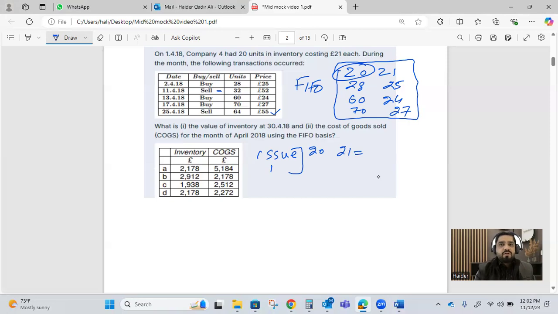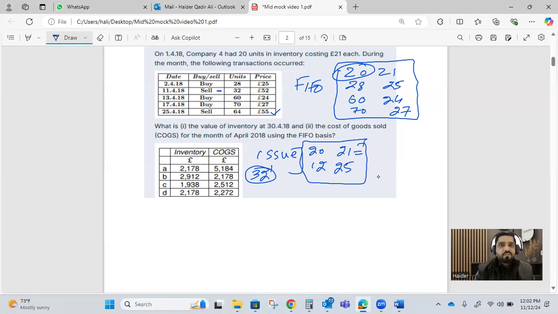From the next slot of 28 units, we issue 12 more units, because in the first issuance we need to issue 32 units. So 12 units are taken from this slot at the rate of 25 each. If you calculate the value of this, that's the first issuance.